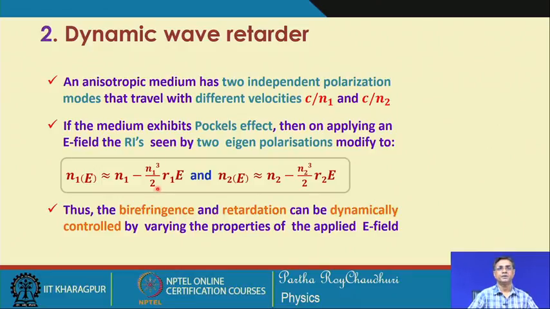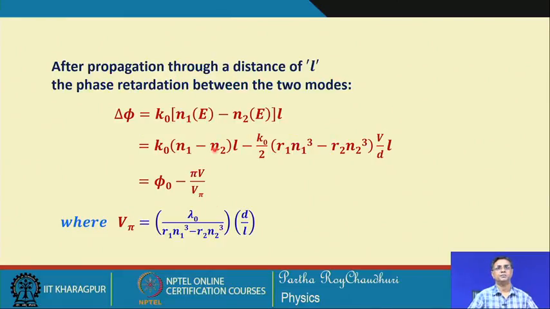So, this voltage dependent birefringence can be controlled to get a tunable and dynamic retarder to match the requirement of a specific application. So, this delta phi is equal to k 0, that is twice pi upon lambda, times n 1 and n 2, but n 1 and n 2 this is the fixed static birefringence in absence of the electric field, but this is the field induced birefringence.